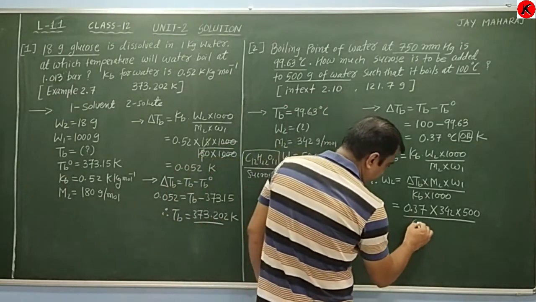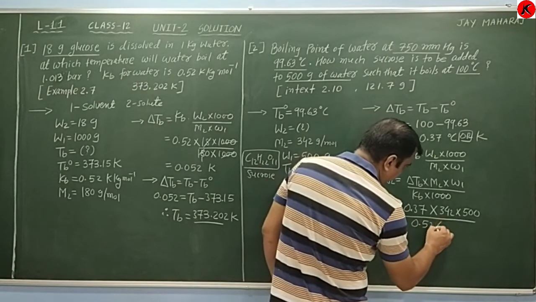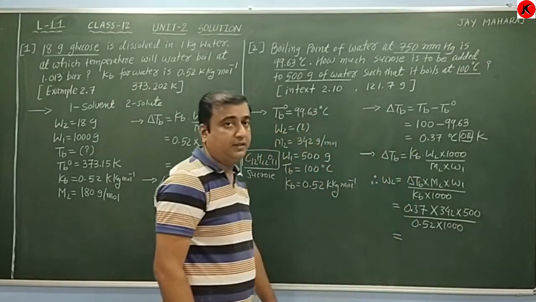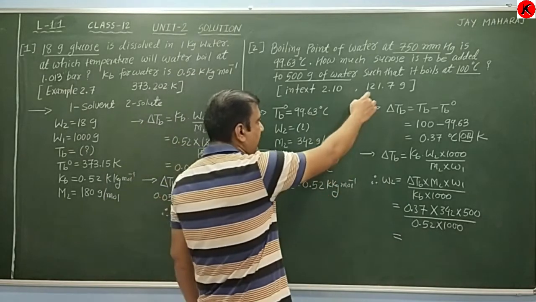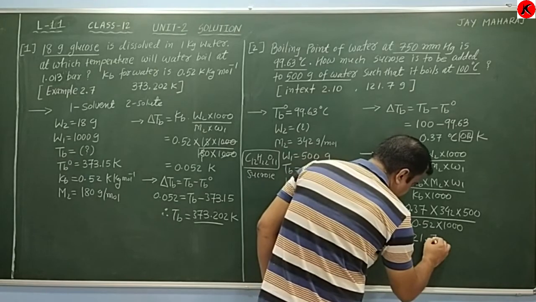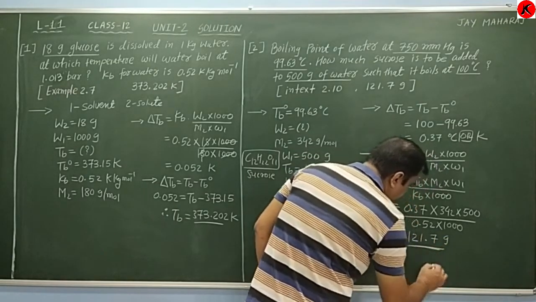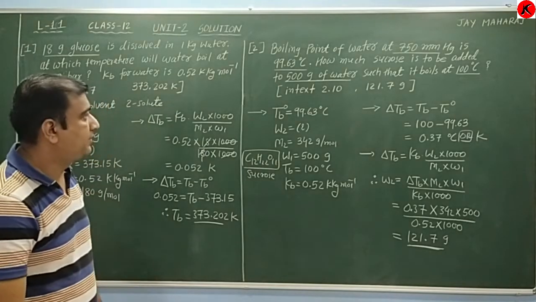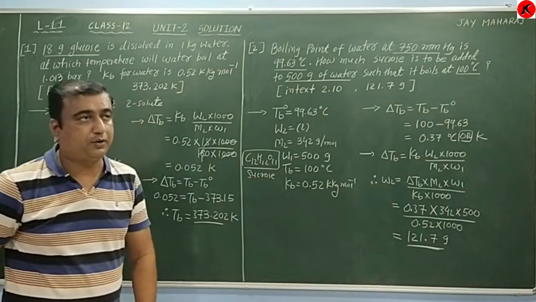So Kb into 1000, and simplifying, you get the answer: 121.7 gram sucrose is required.